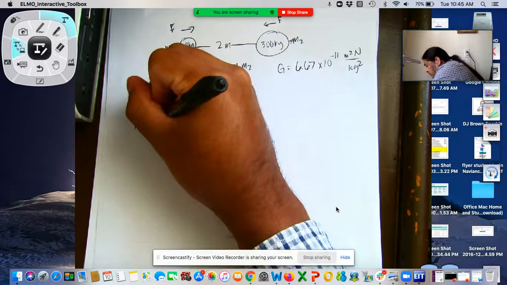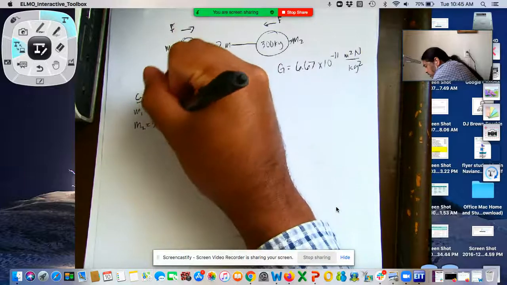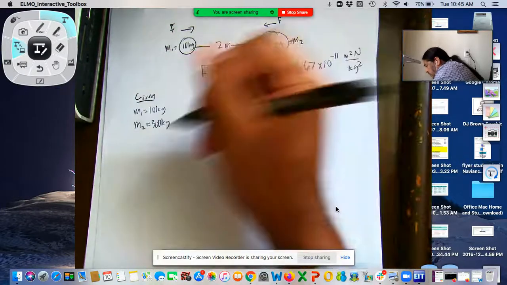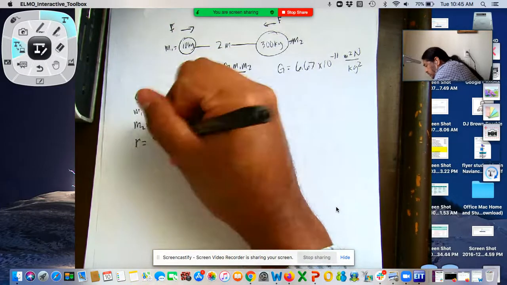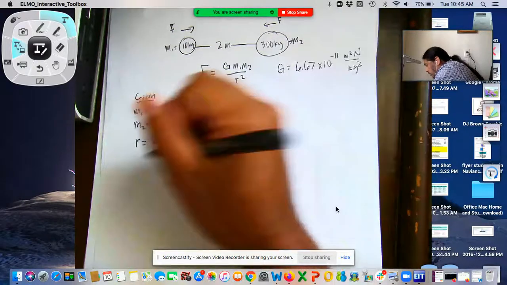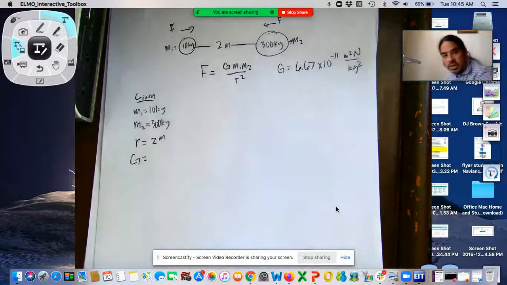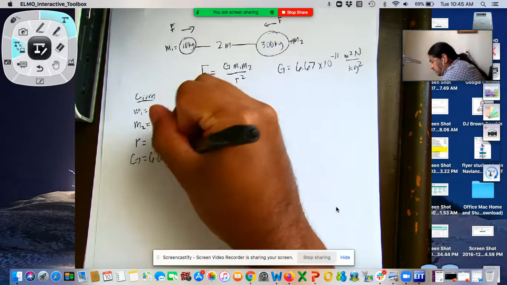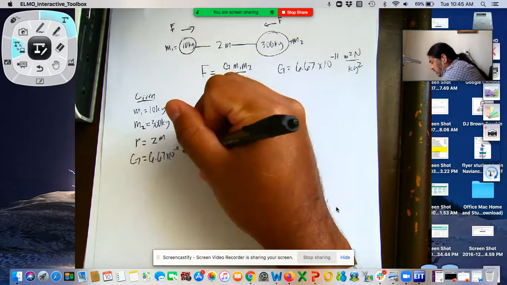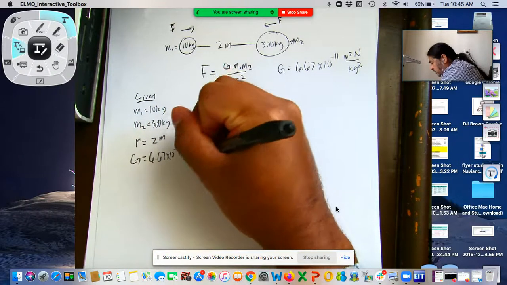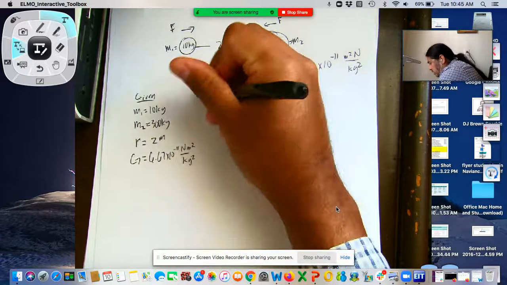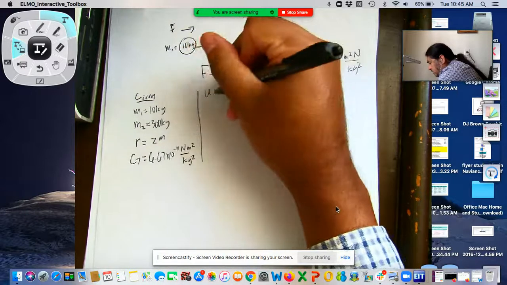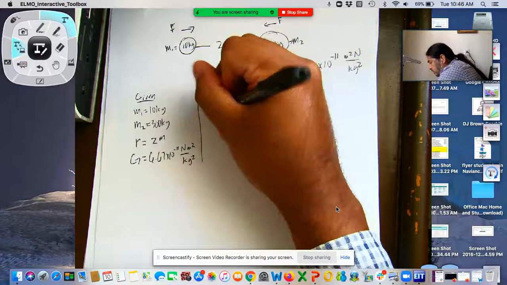Mass 2 is 300 kilograms. We know that the r, the distance between the two objects, is 2 meters. And we also know big G, it's a constant, it's never going to change. It's like pi, 6.67 times 10 to the negative 11 newtons meters squared over kilogram squared. Unknown, what I'm looking for is how strong is the force between those two objects.